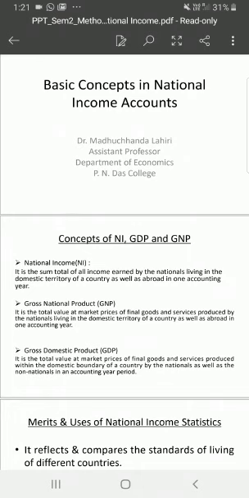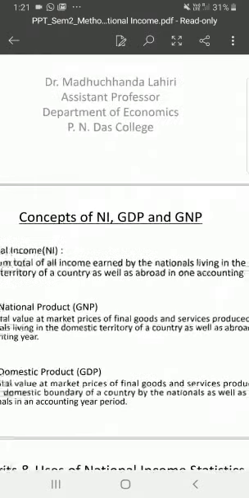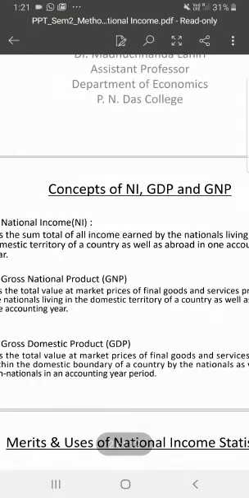Now these measures can be measured in terms of the market price of the commodities as well as the factor costs of the commodities. Market price is the cost of production of the commodity plus a term called net indirect tax.